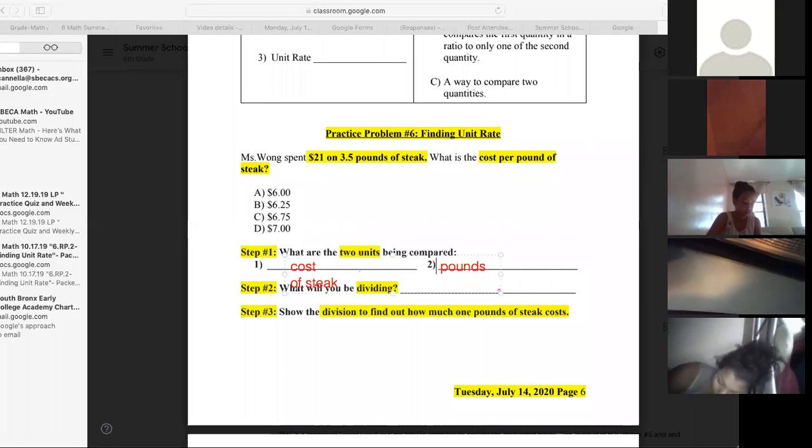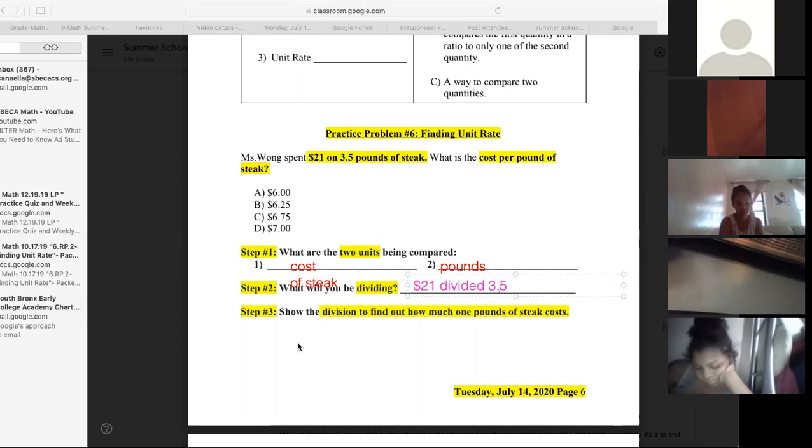What two numbers will we be dividing? 21 by what? 3.5. Excellent, good job. So now we're gonna write in here $21 divided by 3.5. Good. So now Jerickson, ¿dónde está la calculadora?